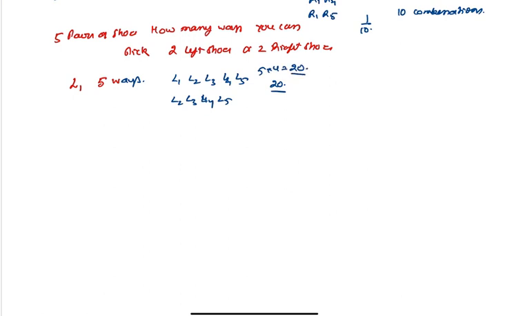But here is the problem with this. Suppose you pick L1 and the next one is L2, but the first one you can pick as L2, but L1, L2 and L2, L1 are the same. So in a sense, what you are doing in this 5 times 4, 20 combination is that you are overcounting by a factor of 2.